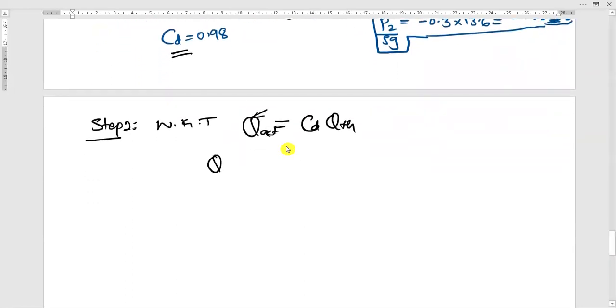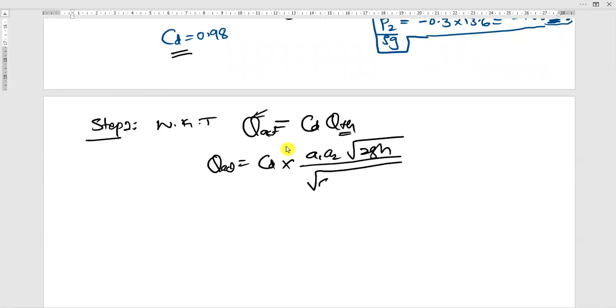Q actual is equal to CD times the theoretical discharge. We derived the expression in the previous video class: A1 A2 square root of 2gH divided by the square root of A1 square minus A2 square. I will take this as equation number 1.